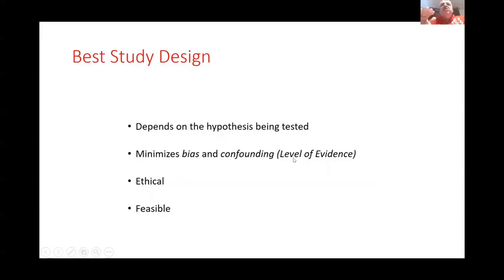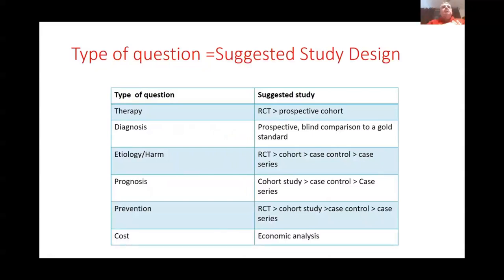The best study design minimizes biases and confounding, and it will help to leverage the level of evidence. The study design should always be ethical and feasible. This is very interesting: ethical and feasible are basics that we cannot omit or ignore.